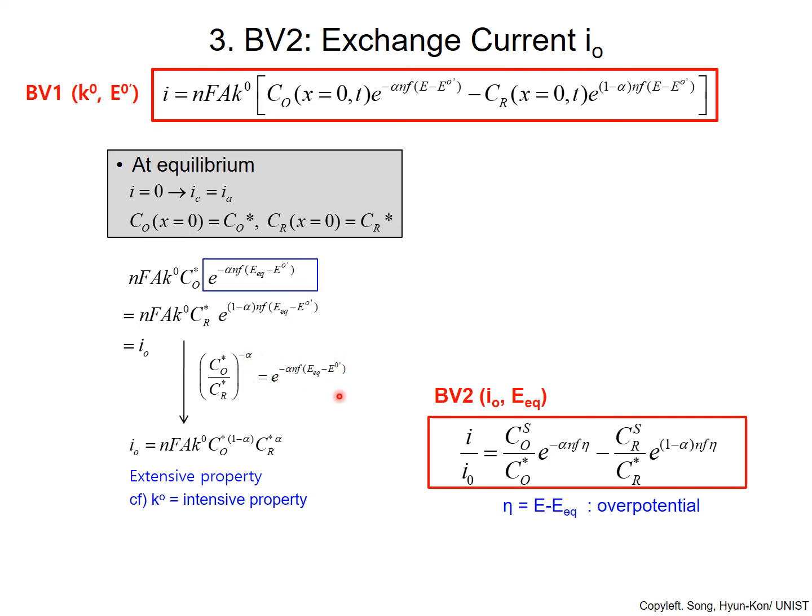Then this term is the same as this term. Therefore, I could replace this term by the concentration ratio to the minus alpha power. Then, finally, I0 is redefined as nFA k0 C_O star to the 1 minus alpha, and C_R star to the alpha.